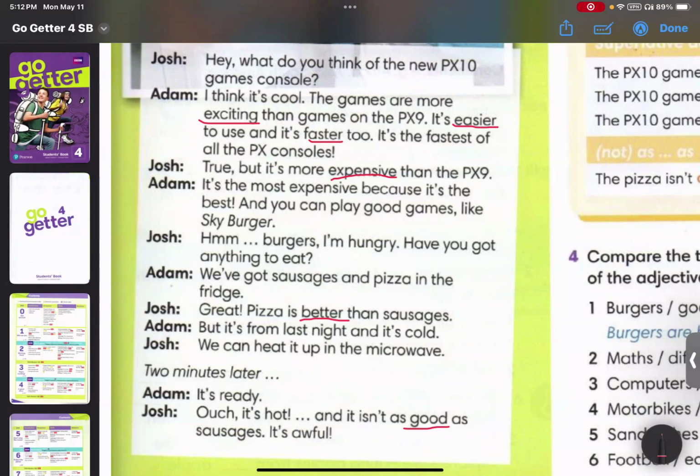So hungry is also an adjective because it describes a person. Hot is also an adjective. Cold is also an adjective.